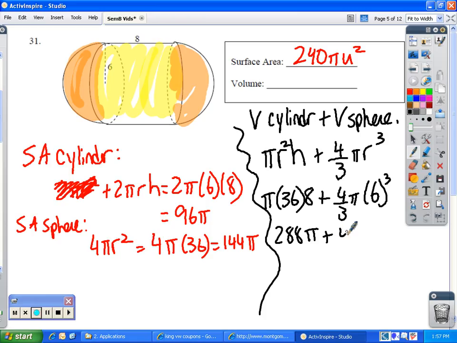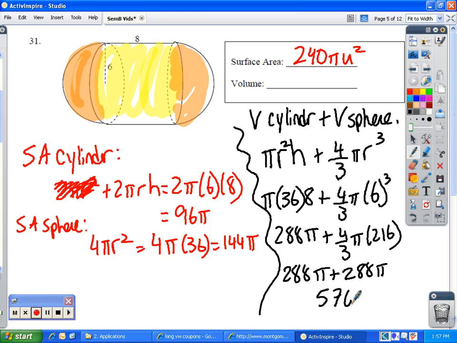So I've got 4/3 pi times 216. I have to multiply 216 times 4 divided by 3, which gives me 288 as well. So 288 pi plus 288 pi is going to be 576 pi. So that's 576 pi units cubed.